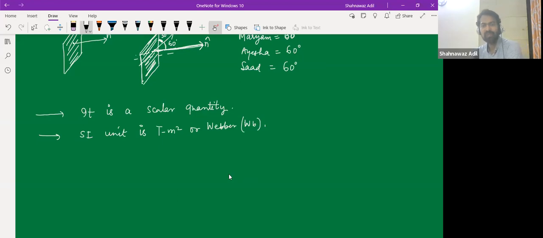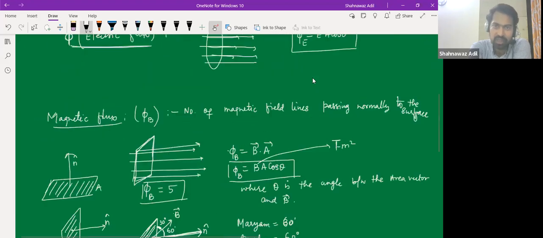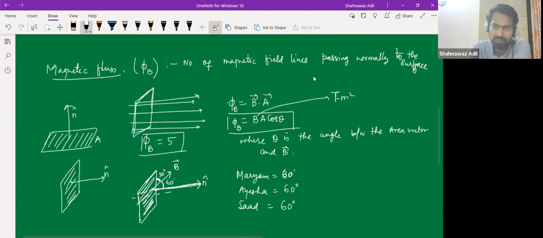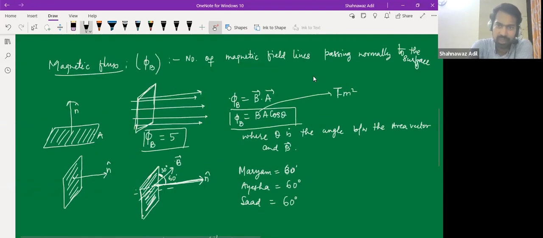Okay, so this is what we say about the magnetic flux. Please note it down from here, and if you have any doubts, please ask.